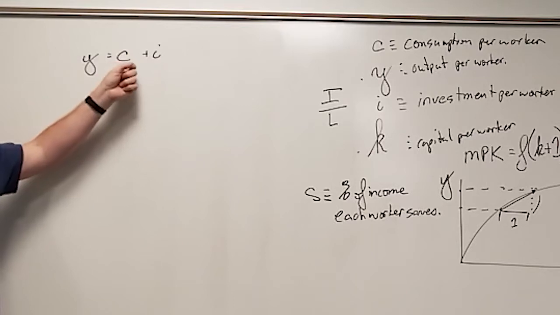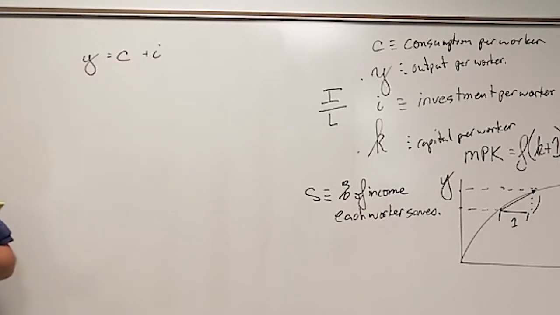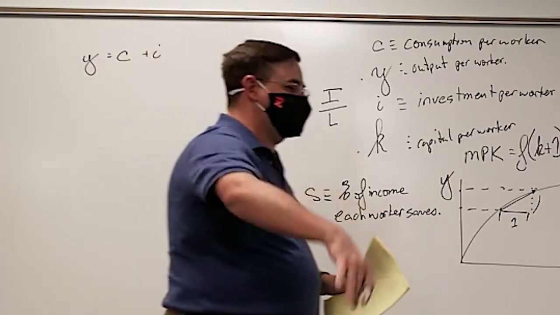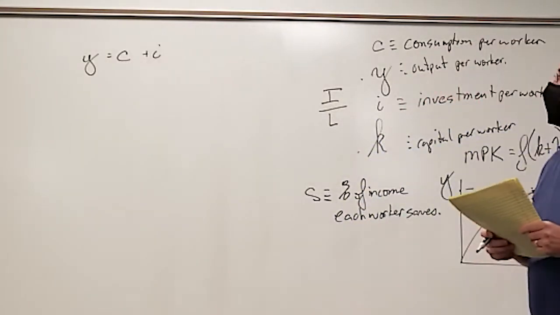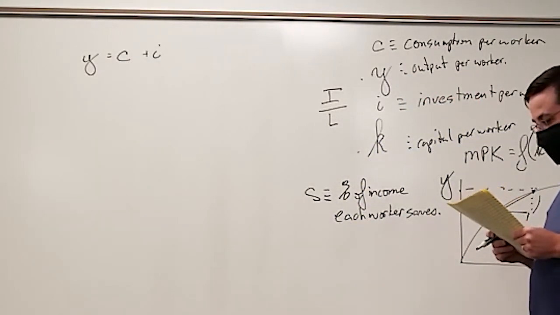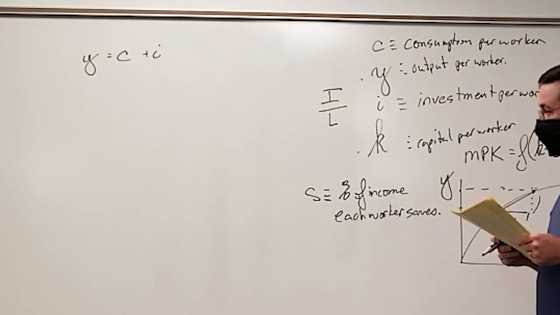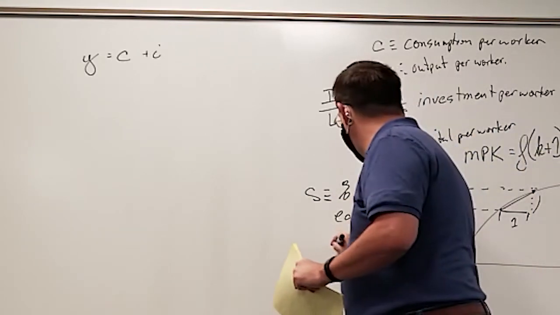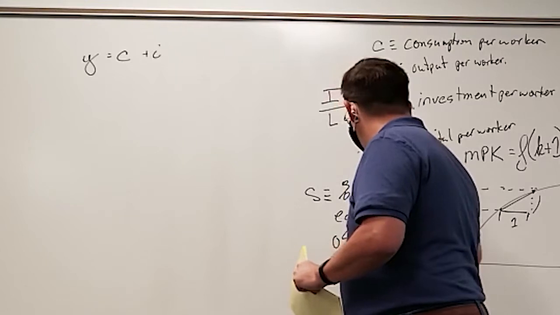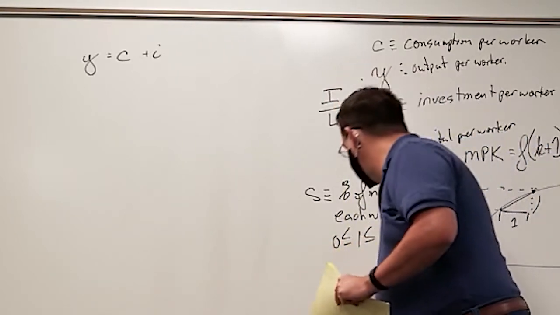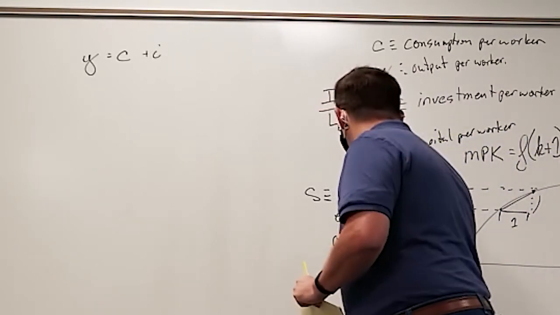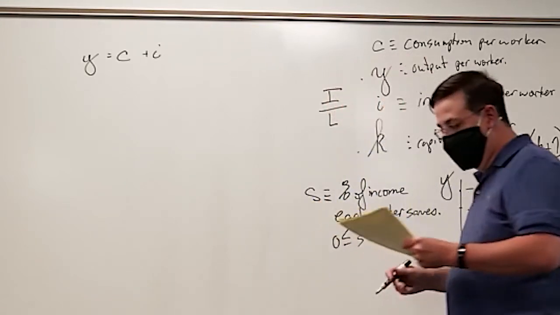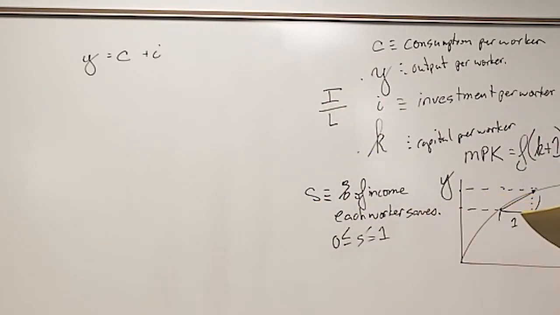Whatever they don't consume, they invest. So we're also assuming perfect investment. Okay, that everything that doesn't get consumed gets invested. None of it lands under the mattress. By the way, little s, since it's a percentage, is a number between 0 and 1. It's helpful to define that mathematically so that we don't make mistakes later on.